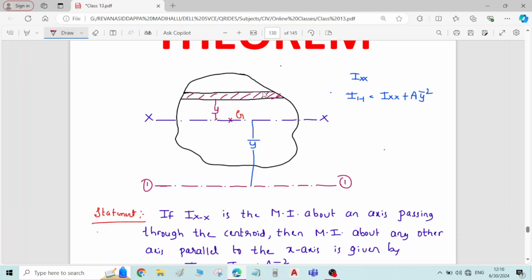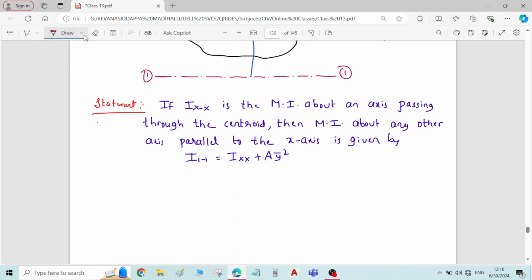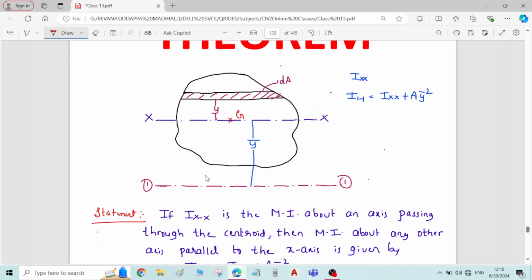Let me take dA as the area of the elemental strip. Now the proof. For the derivation purpose, I have considered an elemental strip at a perpendicular distance y from the centroidal axis or centroid.